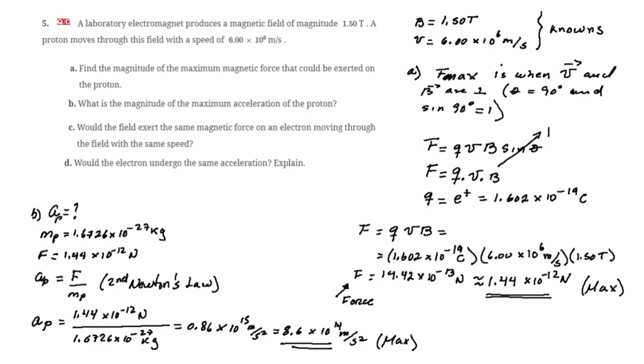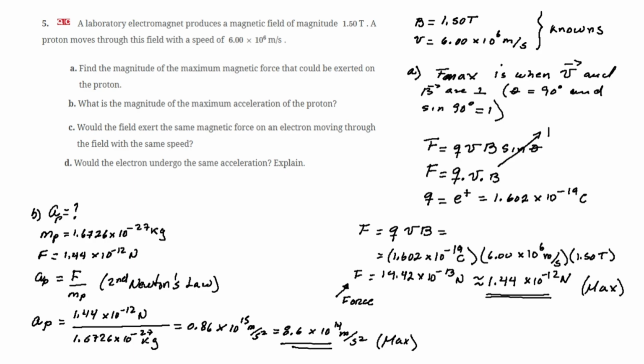Now, they ask two more questions. They say, will the field exert the same magnetic force on an electron moving through the field with the same speed? I would say that the force on the electron moving through the field with the same speed has the same magnitude, because the charge of the electron is the same as the charge of the proton, except the sign.